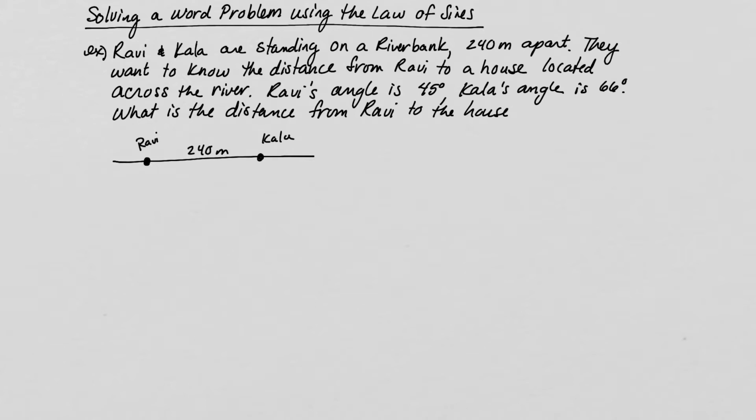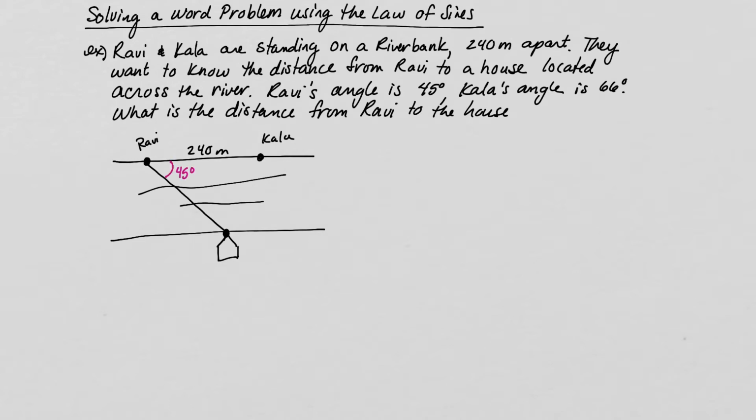And they want to know the distance from Ravi to a house that's located across the river. So in the middle here is our river, and then over here there is some house. It says that Ravi's angle is 45 degrees. So if we draw to the house here, this angle in here is 45 degrees.